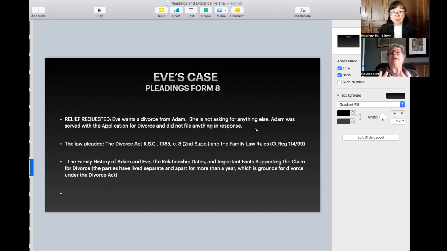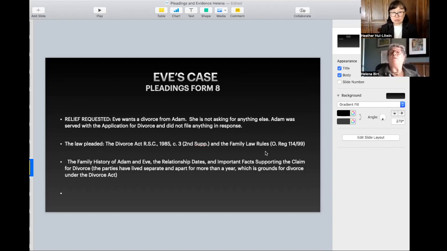In her application, when you go through it, it says this is a proceeding brought under the Divorce Act, which is the Revised Statutes of Canada, 1985, Second Supplement, Chapter 3. She's also pleading the Family Law Rules, Ontario Regulation 114/99, which says if you want to get a divorce in Ontario, this is the form you've got to use.